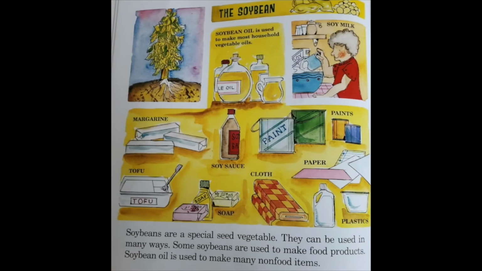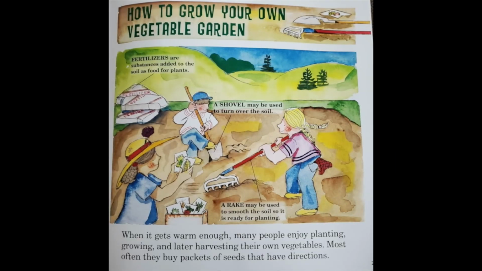Soybeans are a special seed vegetable. They can be used in many ways. Some soybeans are used to make food products. Soybean oil is used to make many non-food items, like paints and paper. When it gets warm enough, many people enjoy planting, growing, and later harvesting their own vegetables.